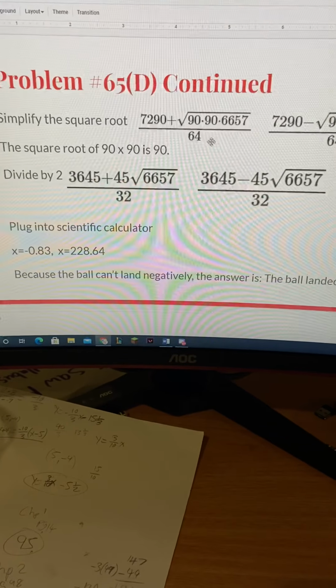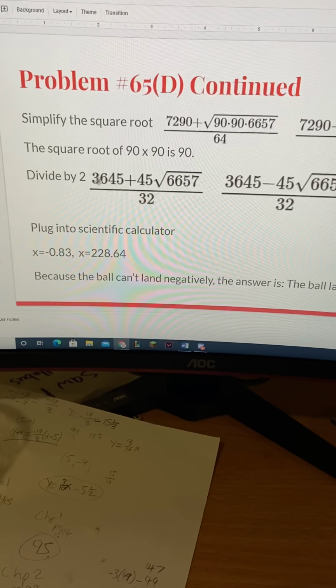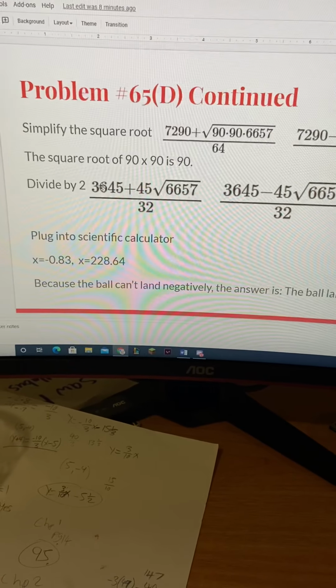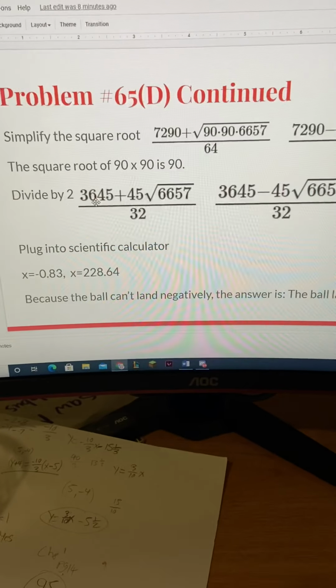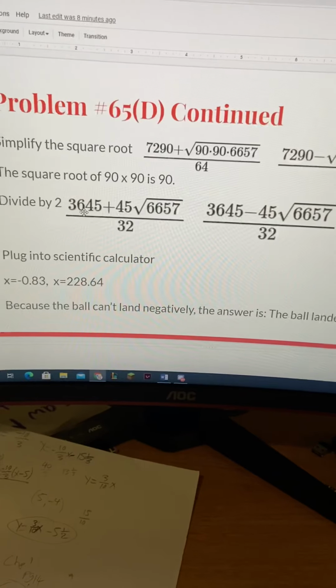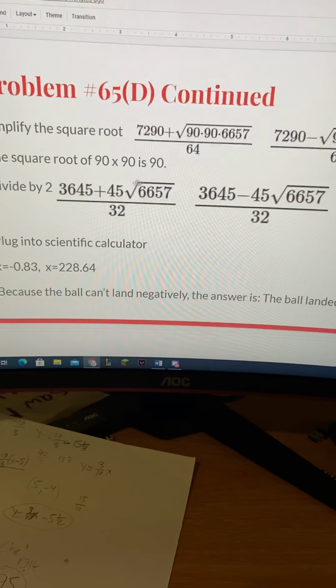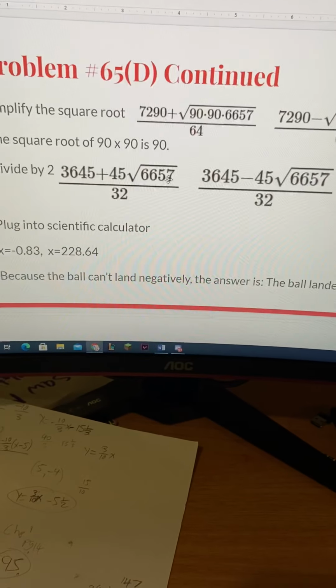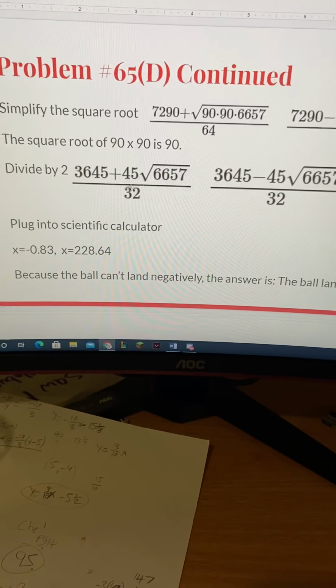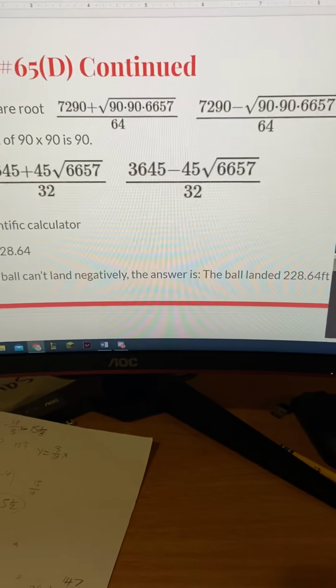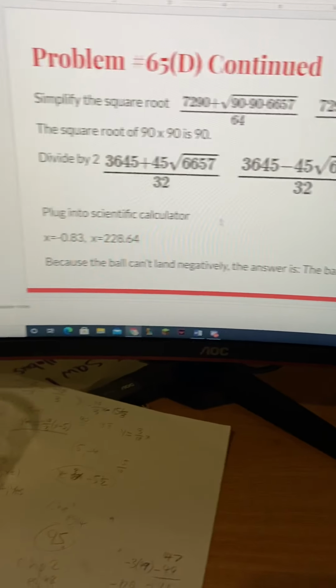If we divide top and bottom by 2, we get 3,645 plus 45 times the square root of 6,657. And 64 divided by 2 is 32. And the minus part as well.